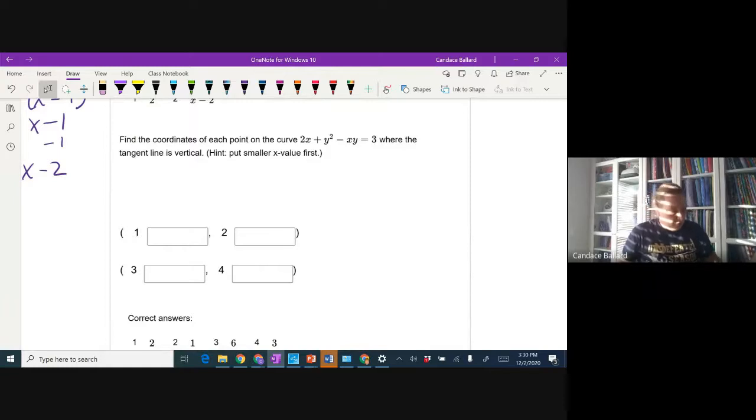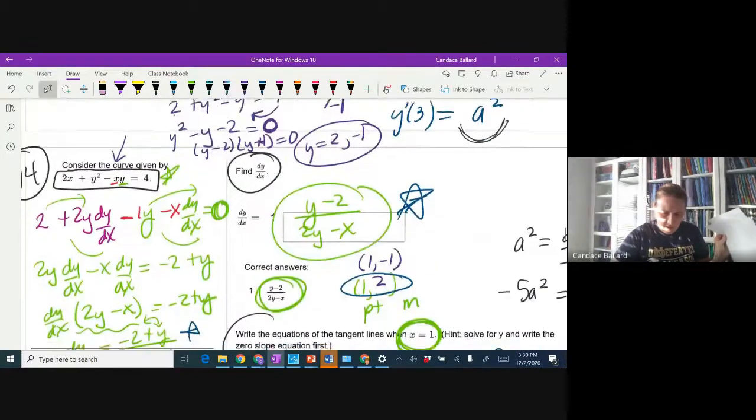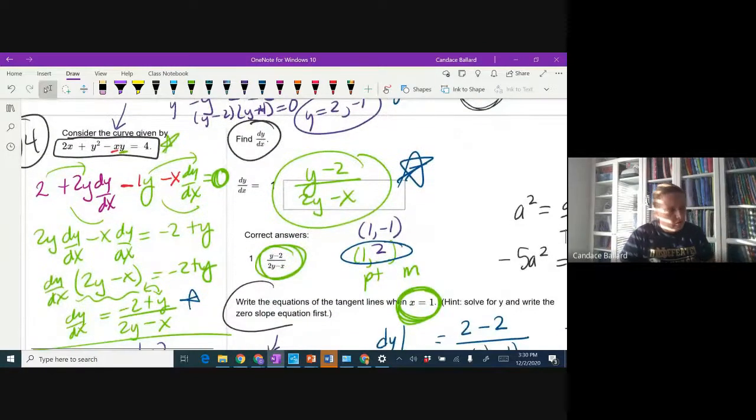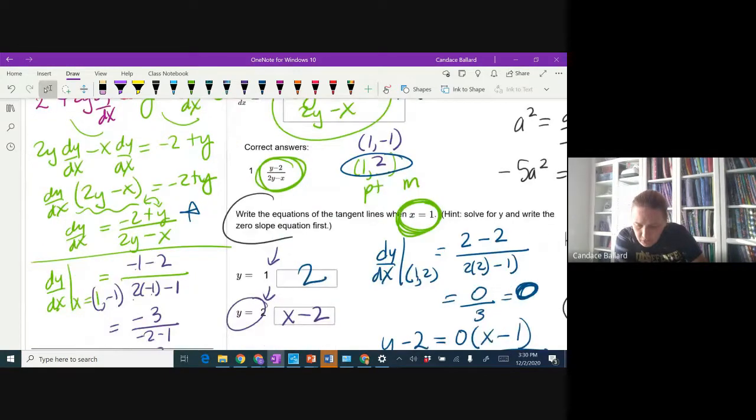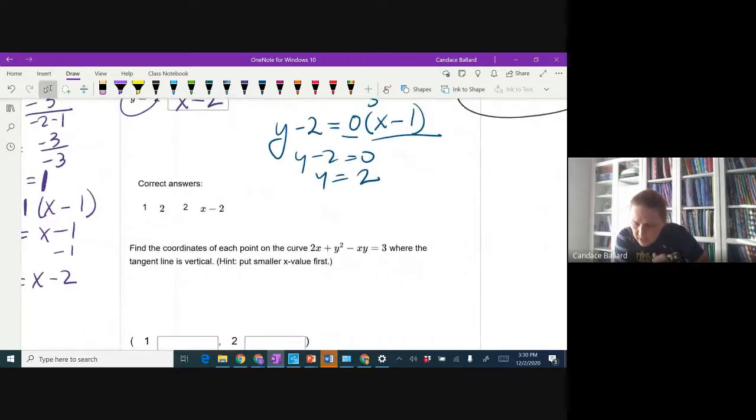Okay, so let's refresh what this one was about. Let's see, was this the one with the massive table thing? No, it was consider the curve. Okay, it was probably on this page over here, maybe. There it is. Okay, so let's see, we had a curve. We needed to now find the coordinates of each point on the curve. Oh, they changed the curve on this one, right?